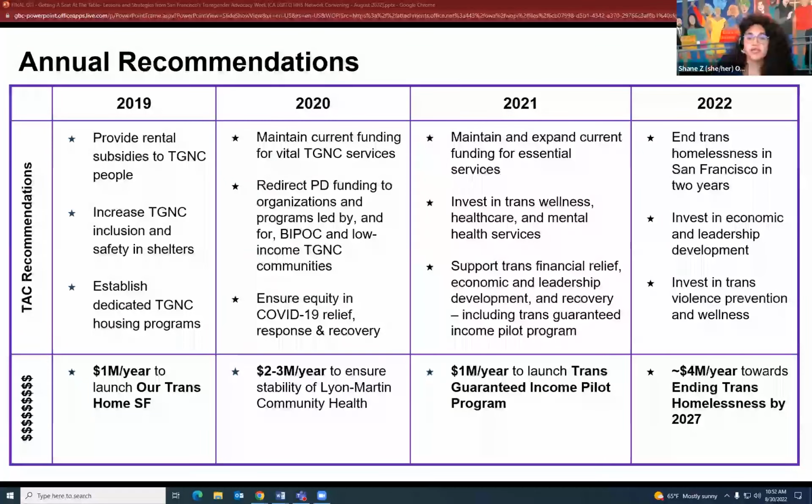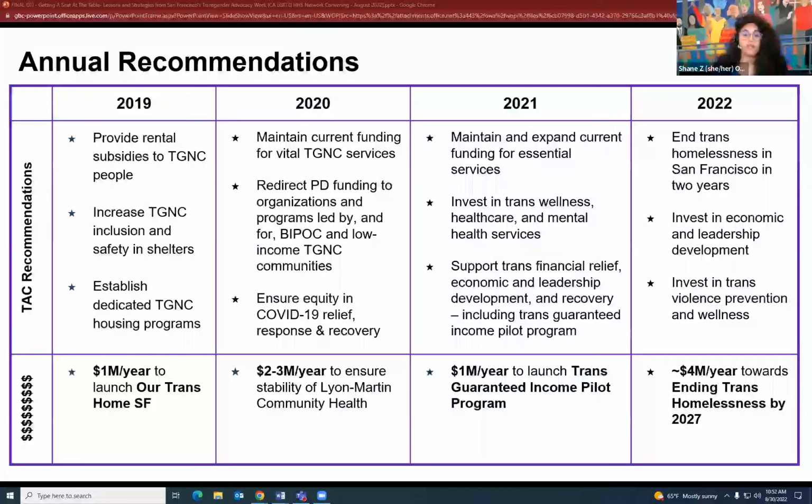In 2020, we shifted our focus into making sure that certain services were funded. We wanted to make sure that we could redirect funding to support our BIPOC and low-income trans communities. And we wanted to ensure that there was relief and recovery in the pandemic.